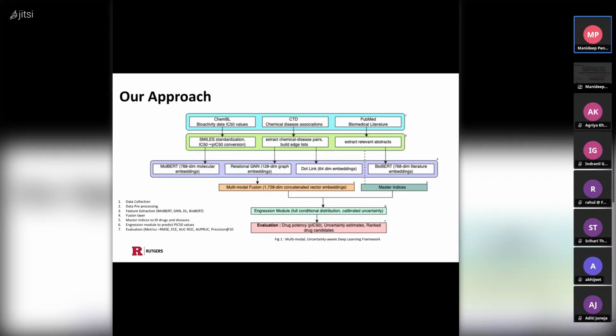The idea is that different types of embeddings carry different information related to our data, so that we can fuse them in later stages and use them for our final model.